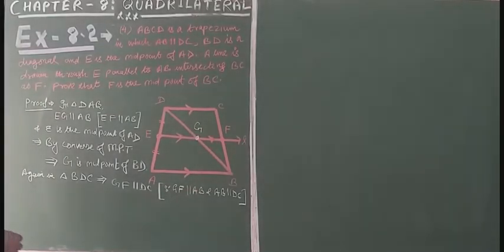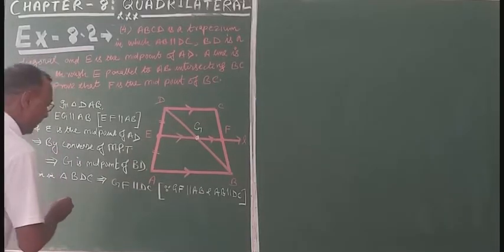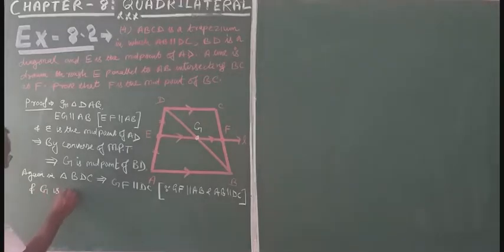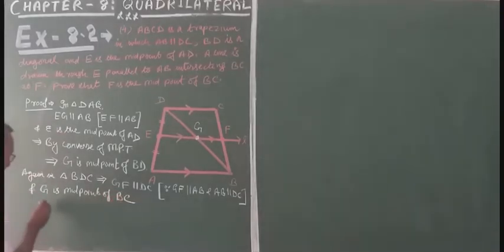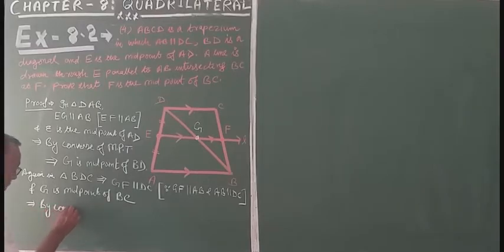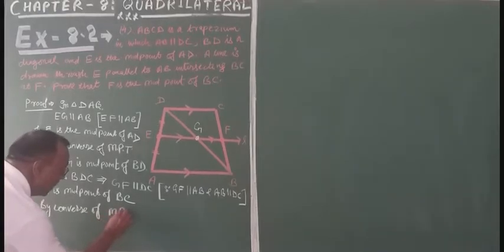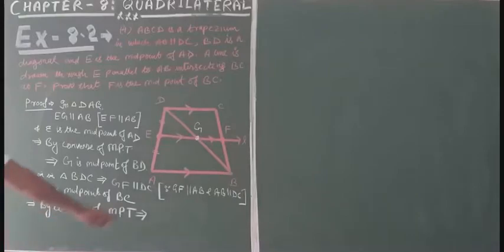And again, G is the midpoint of BD. Therefore, again by the converse of the midpoint theorem, what will happen? This F will also be the midpoint of BC.